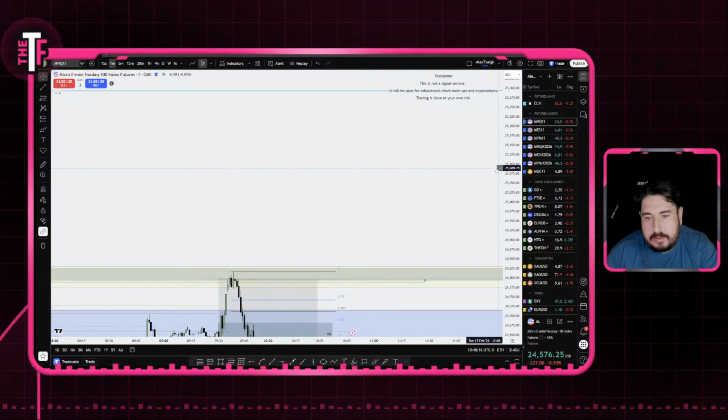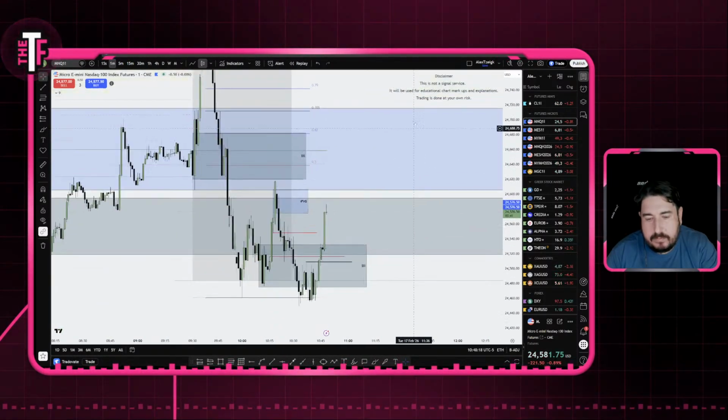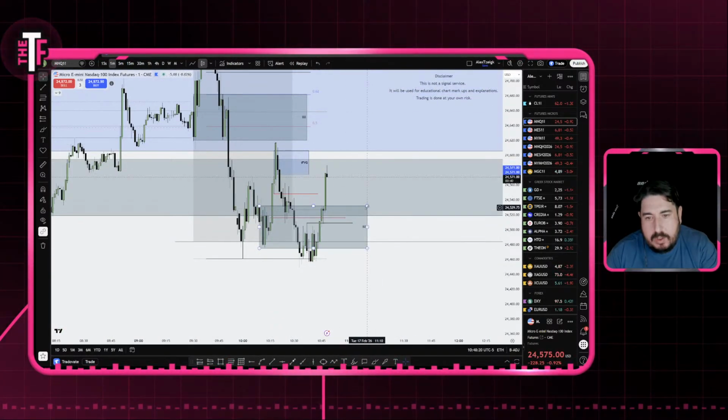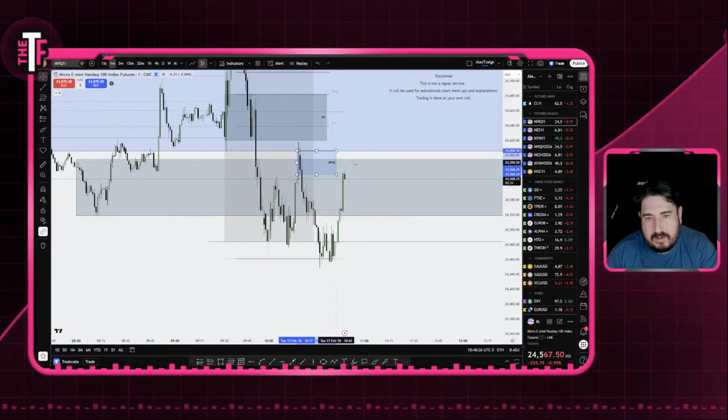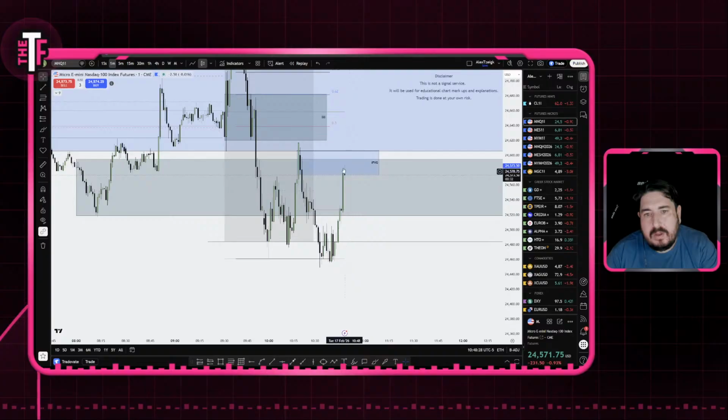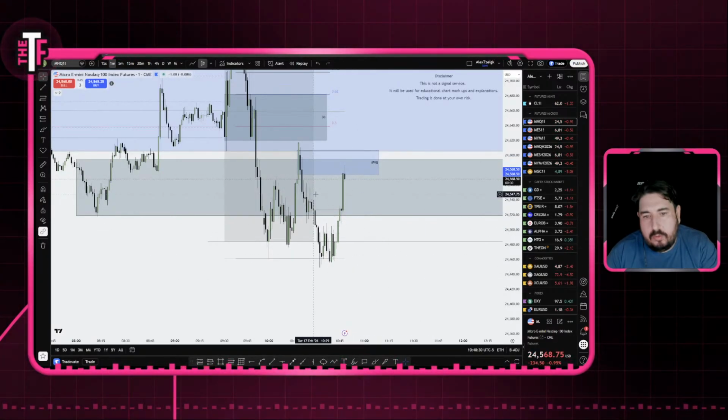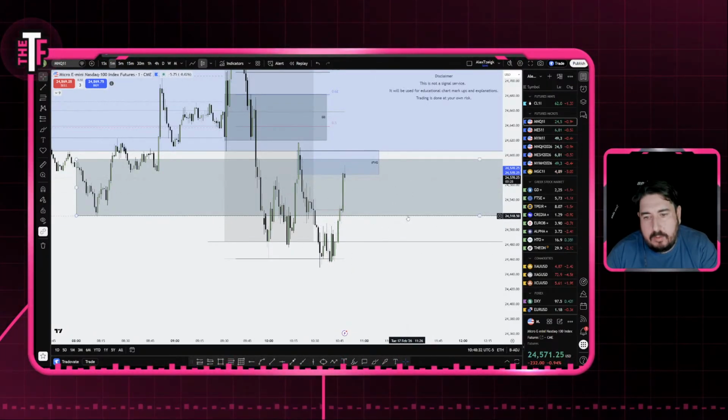What is NQ doing? What is NQ doing, my friends? Of course, we took the pullback that we wanted.